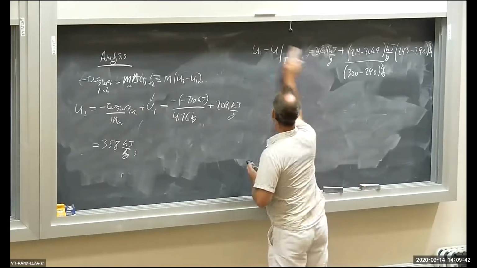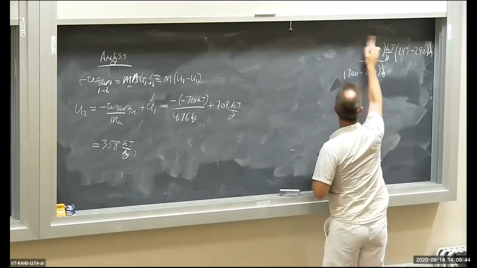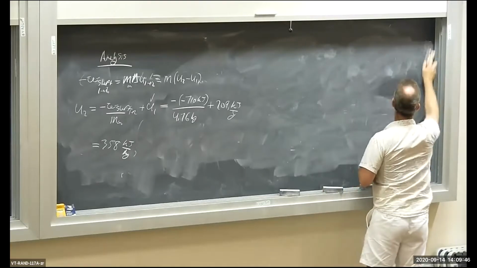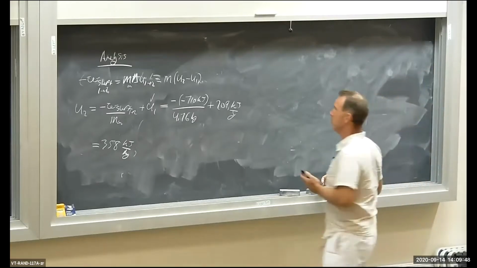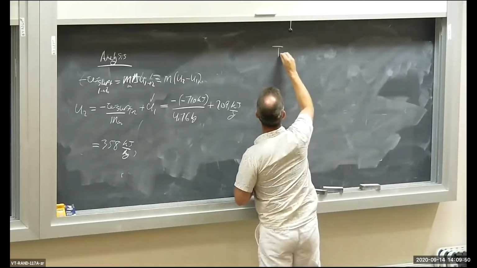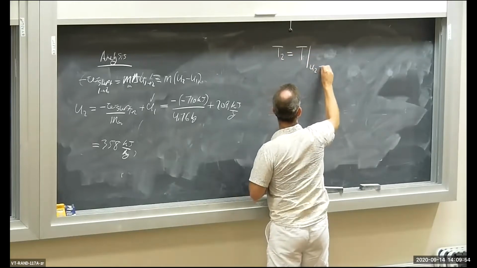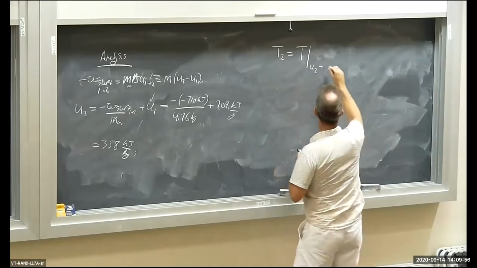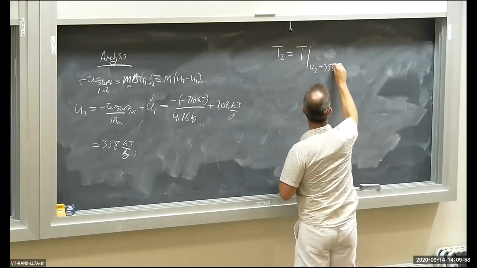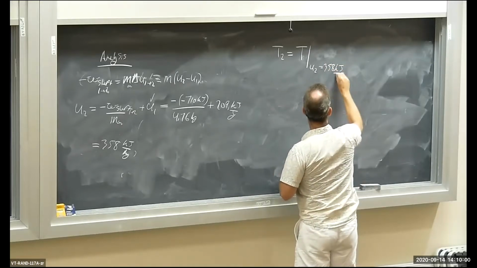Now, T2 is T evaluated for an internal energy U2. T2 is T at U2, and U2 is 358 kilojoules per kilogram.